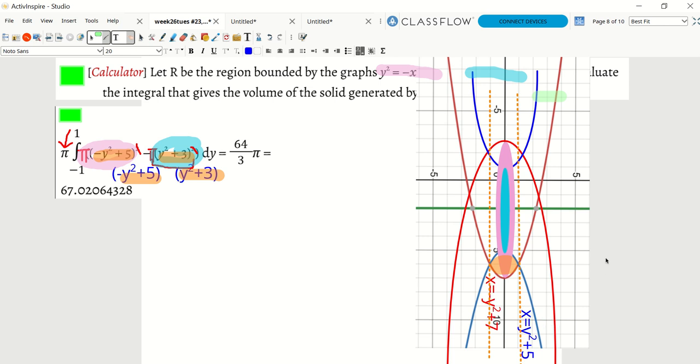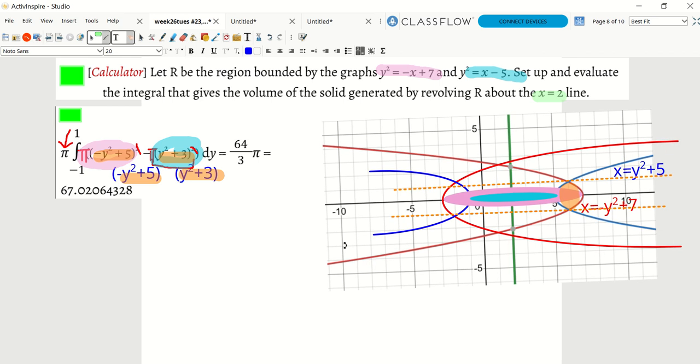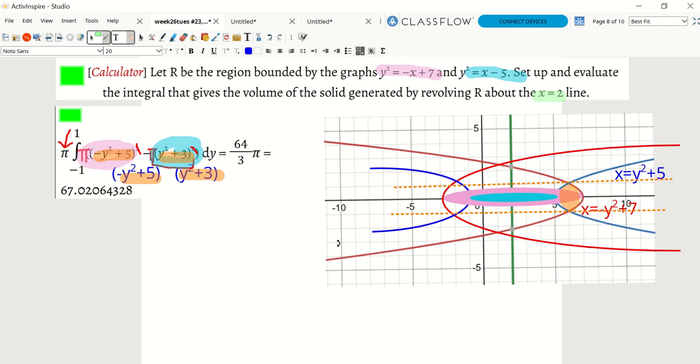But hold on, let me make sure that that's correct over there. Oh, sorry. Y squared plus 5 equals negative y squared plus 7. I didn't see that negative that's hidden over there. That's what was tripping me out.